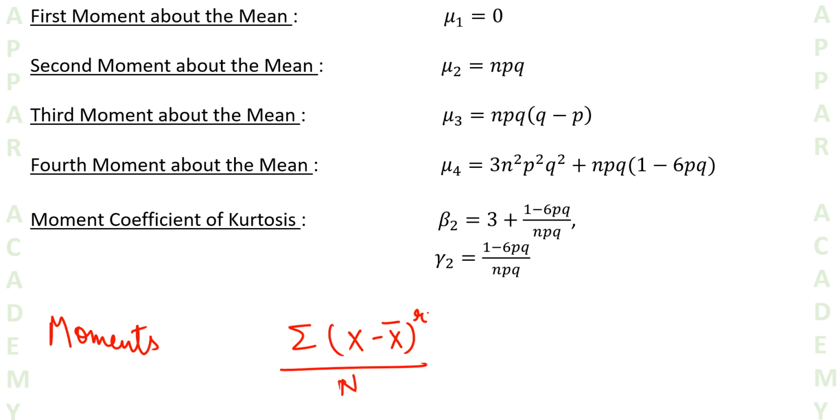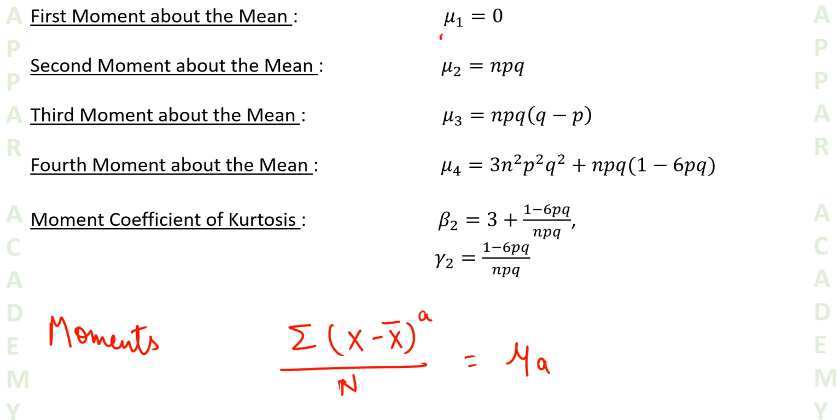This r you can also take as any other symbol, say a, where this is represented by mu a, that is the moment about the mean. So when it's mu 1, it is summation of x minus x bar to the power 1 upon n, right?